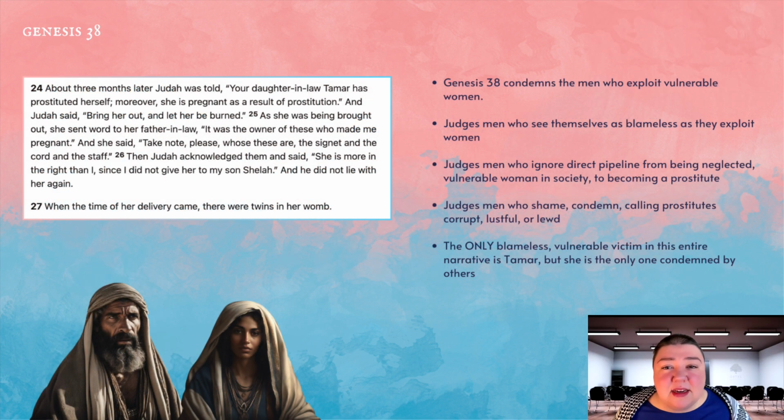Genesis 38 condemns the men who exploit vulnerable women, who see themselves as blameless as they exploit them, submitting women to patriarchal societal rules, while all the while pointing the accusing finger, ignoring the direct pipeline that runs from being a neglected, vulnerable woman in society to becoming a prostitute who is then blamed and shamed for her life situation, condemned for being so-called corrupt, lustful, or lewd.